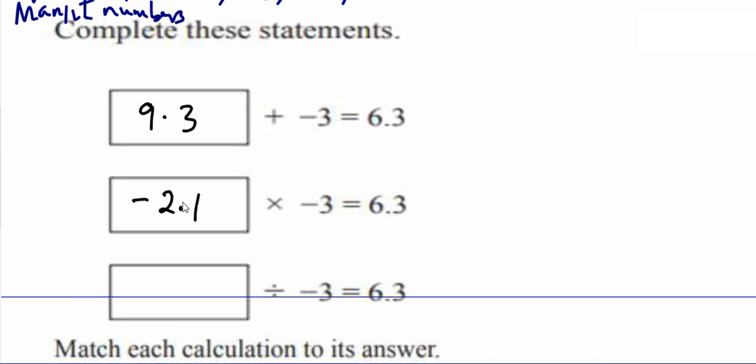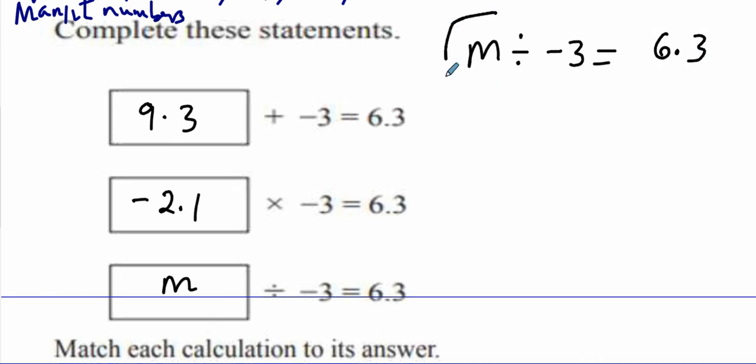Like I said before, we treat the missing number as a letter, call it m. So the equation becomes m divided by -3, and the answer is 6.3. Now, because this is division, let us write this division in the style of a fraction.